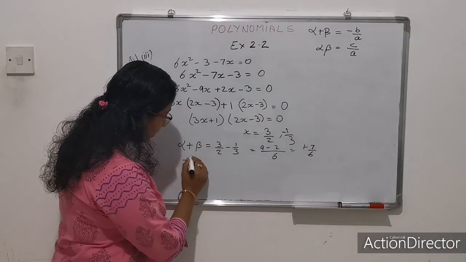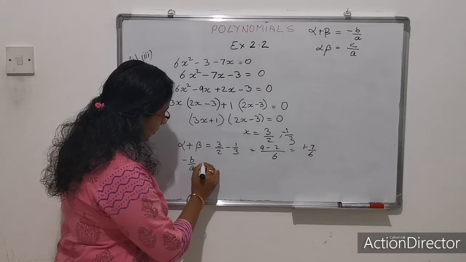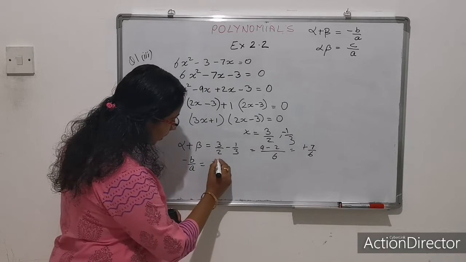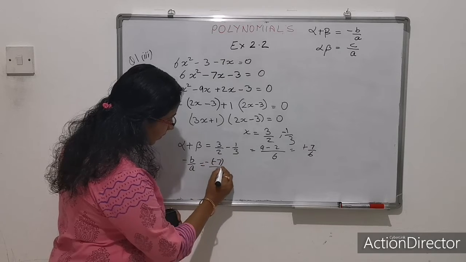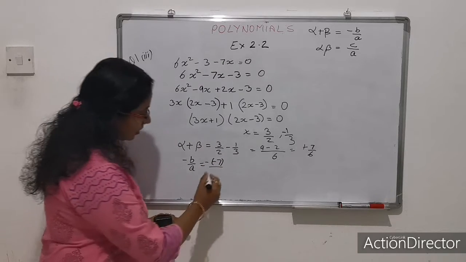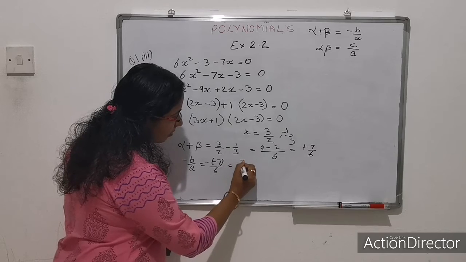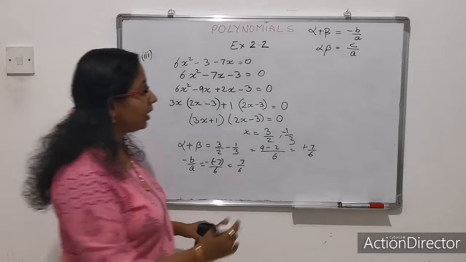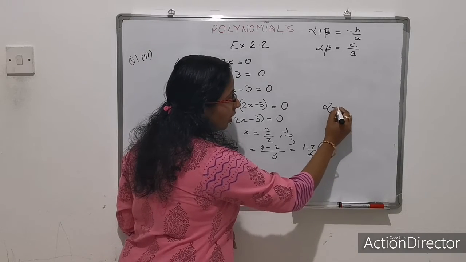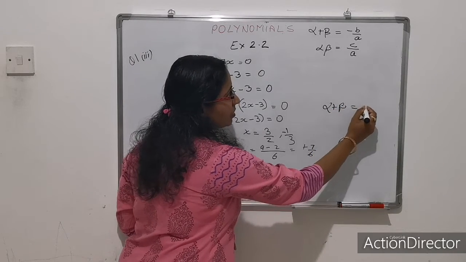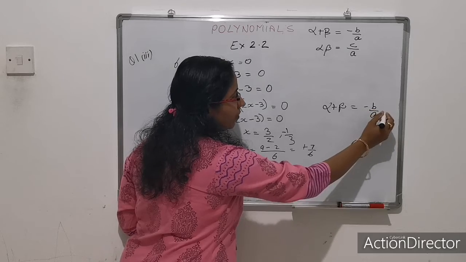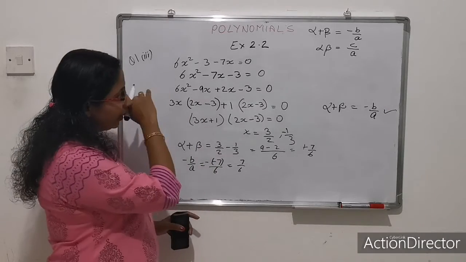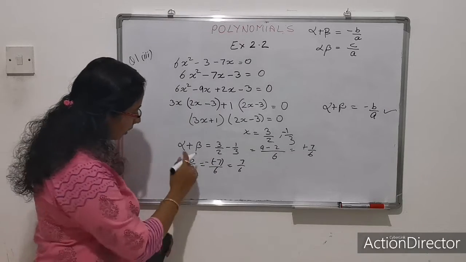Now what is minus b by a? Minus b is minus of minus 7, and a is 6, so it becomes 7 by 6. So alpha plus beta is equal to minus b by a is proved. Verified. Now next comes alpha beta.